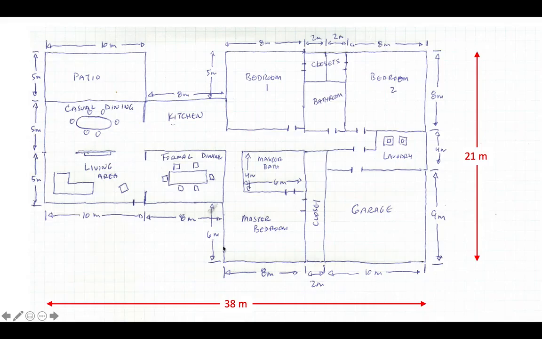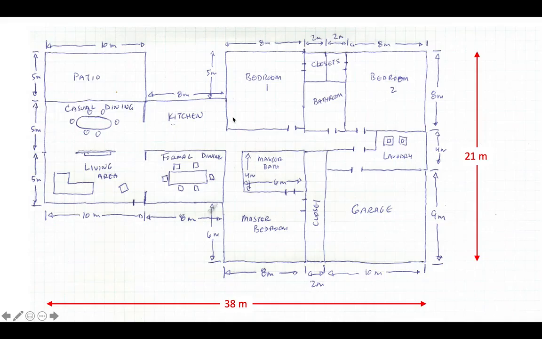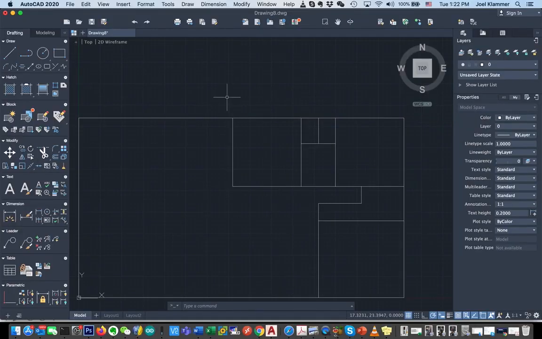Let's see. I guess I could do the patio. The patio sticks out 5 meters. I go over 8 meters, then out 5. Over 8. Okay, so line command. First insertion point, dragging it this way without clicking. I want to go 8 meters.